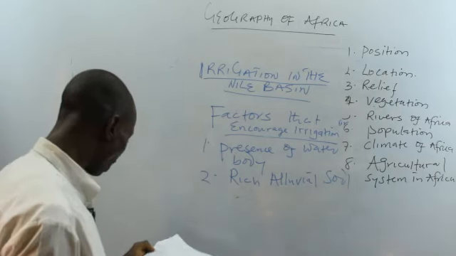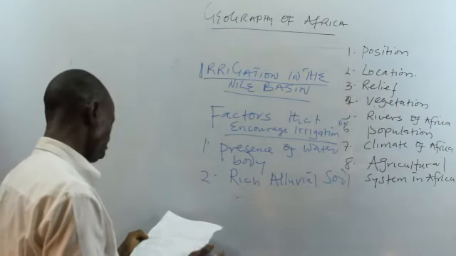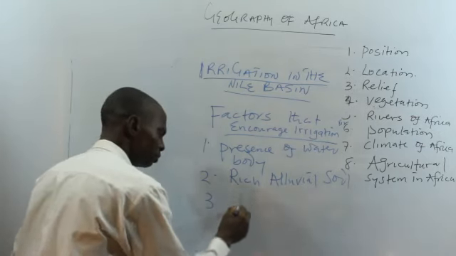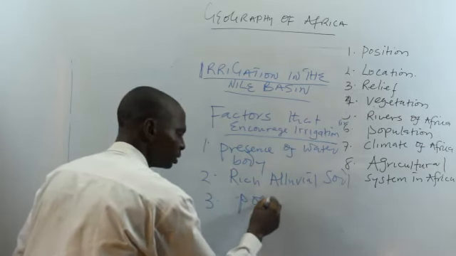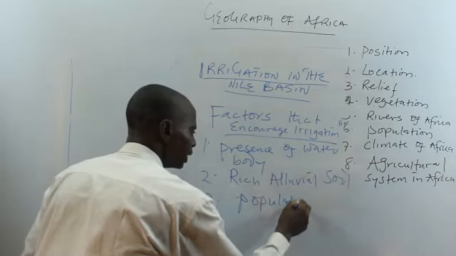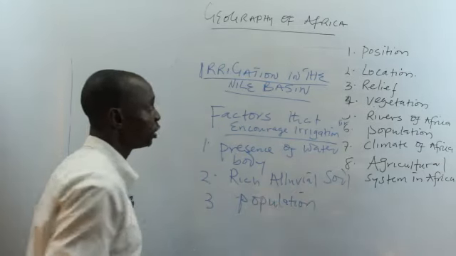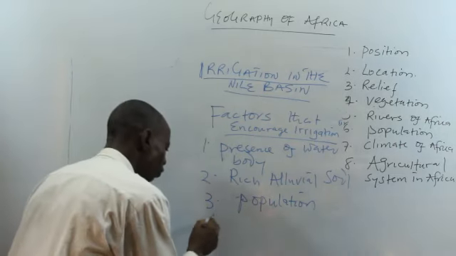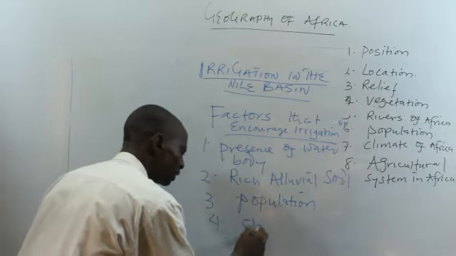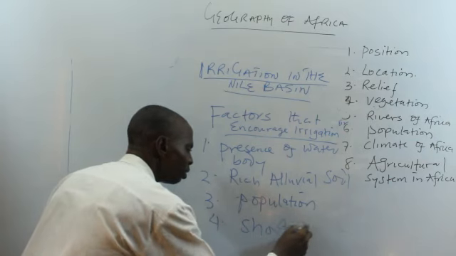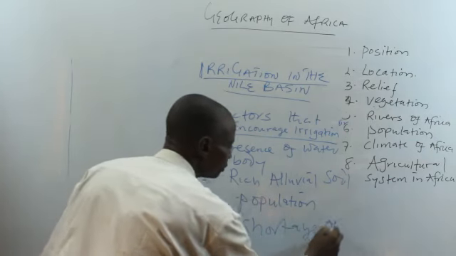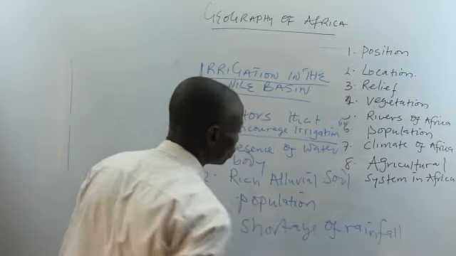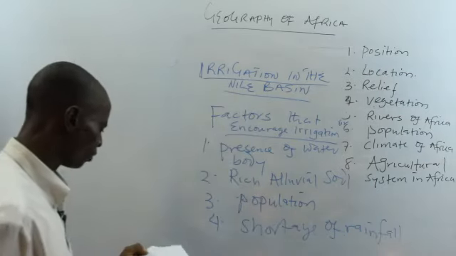Then number three, we have presence of population. Population there is okay for this irrigation to take place. And number four, there must be shortage of rainfall.